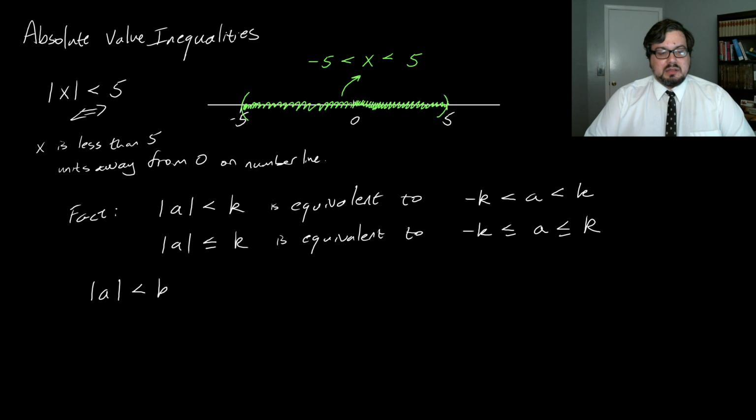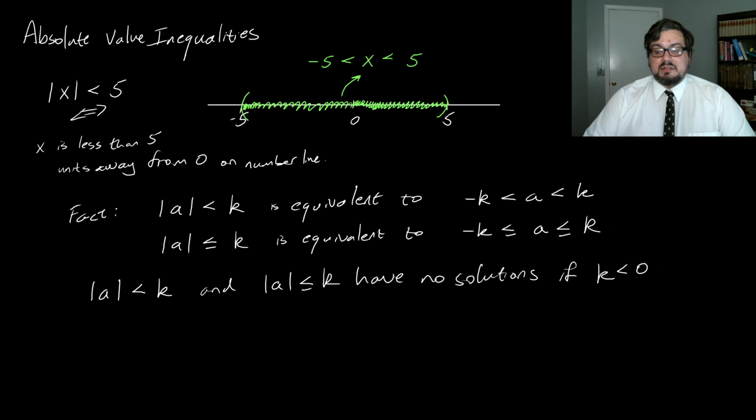So the absolute value of a less than k and the absolute value of a less than or equal to k both have no solutions if k is negative. This is because the absolute value of a number is always at least 0. And so if I said something like the absolute value of x is less than -2, well, that's just never going to be the case. This has no solution.